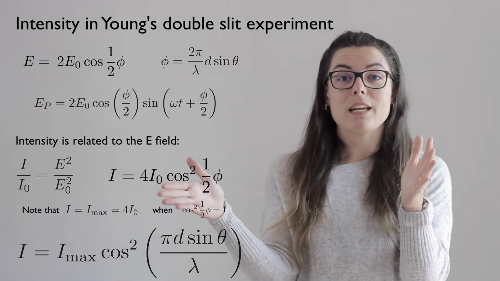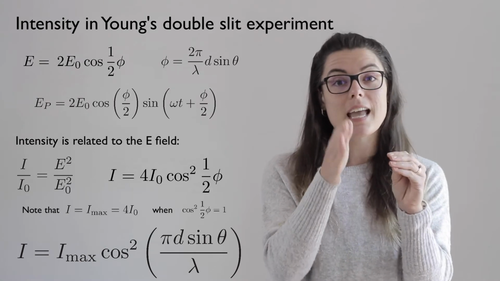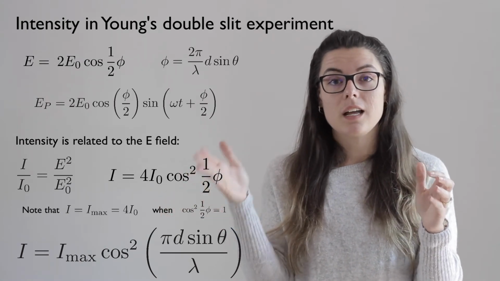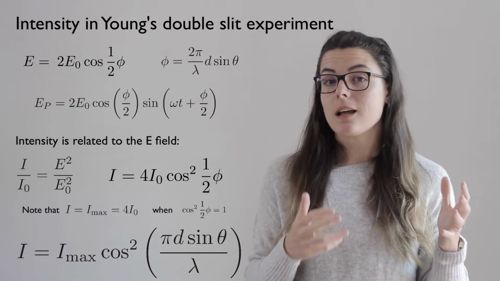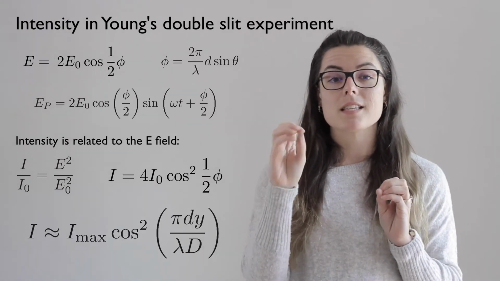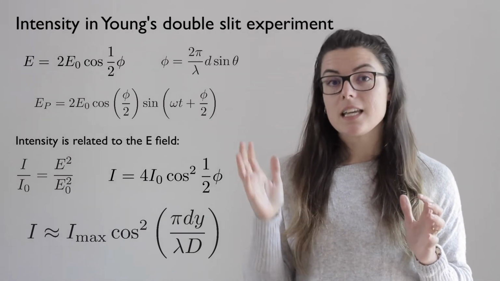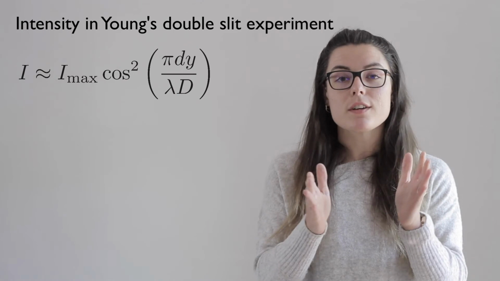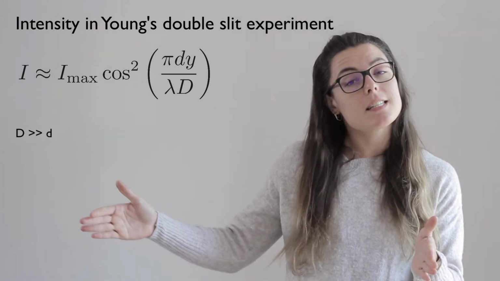And for small angles, remember this has to be for small angles, we can say sine theta is roughly equal to theta. Therefore, let's put that y divided by D into our equation. And what we end up with is I equals I max cos squared of pi d divided by lambda D, multiplied by y.